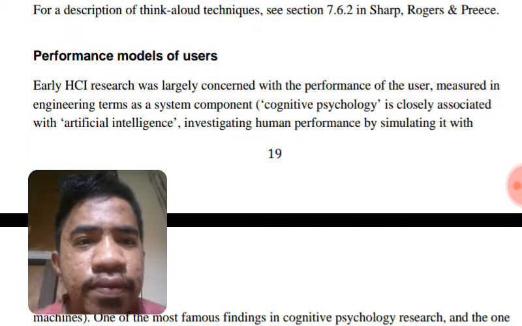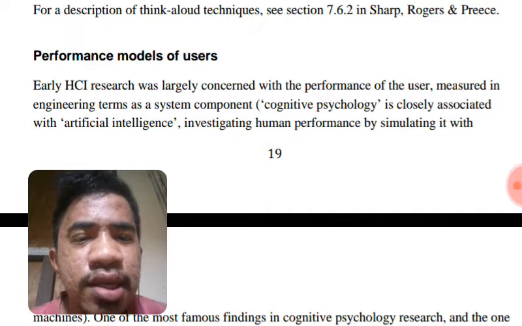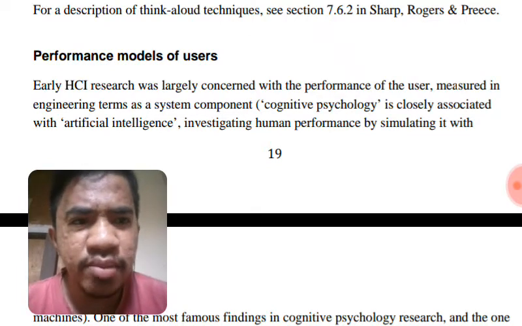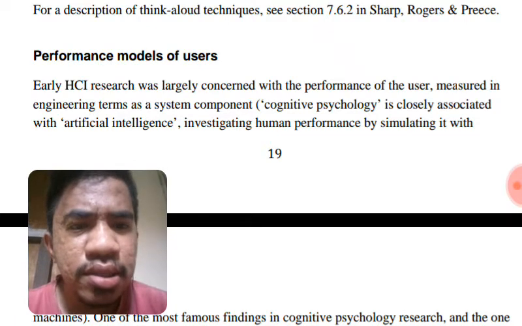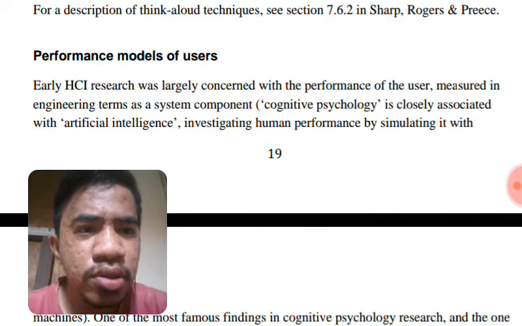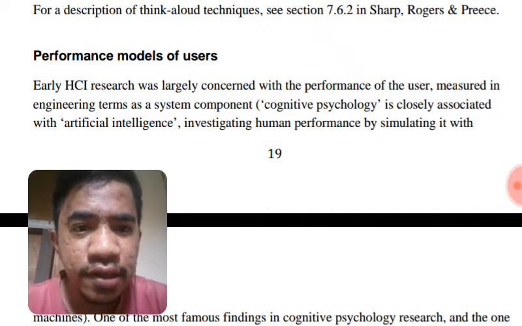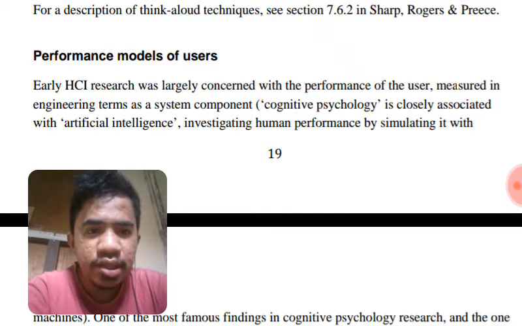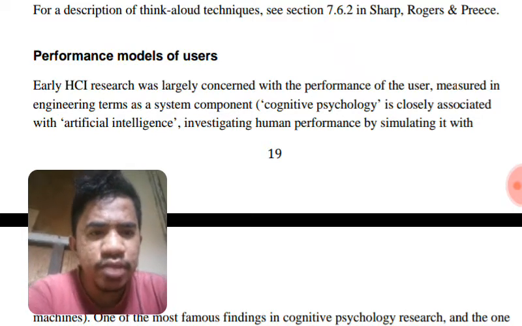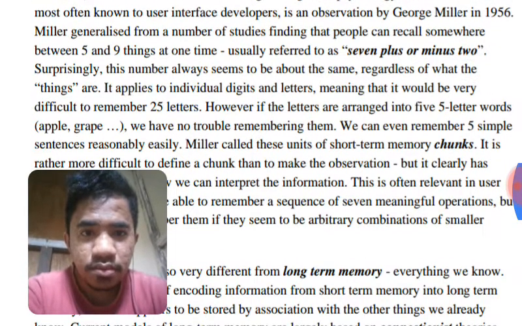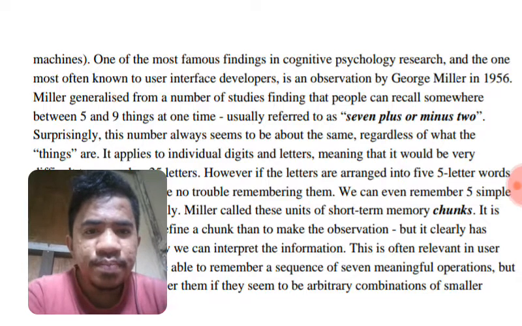Performance models of the user. Early HCI research was largely concerned with the performance of the user, measured in engineering terms as a system component. Cognitive psychology is closely associated with artificial intelligence, investigating human performance by simulating it with machines.